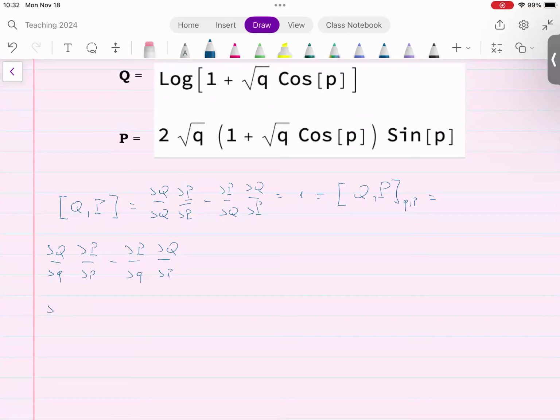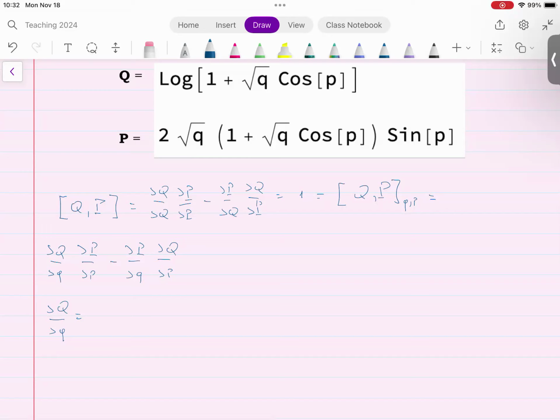The derivative of the log is 1 over the argument, and then there is the derivative of the square root of q, which is q to the 1/2, so I get 1/2 of q to the minus 1/2.